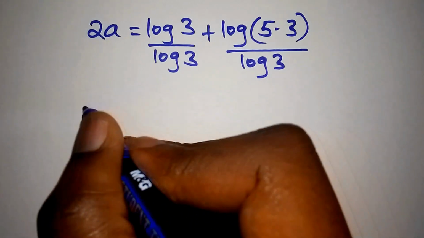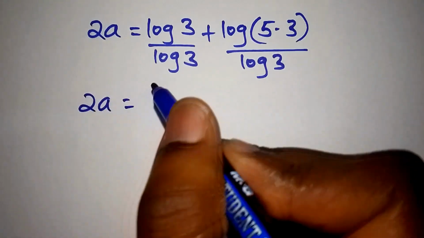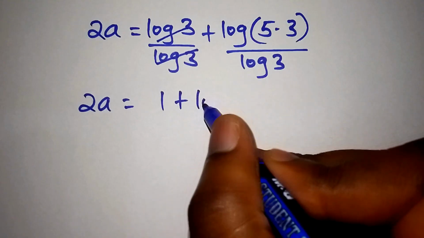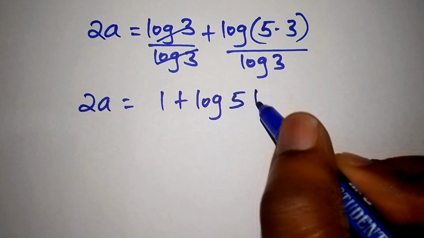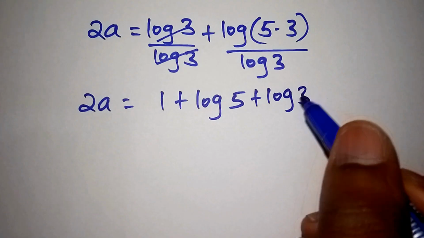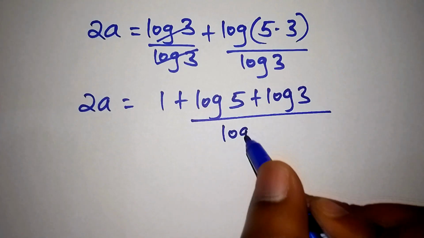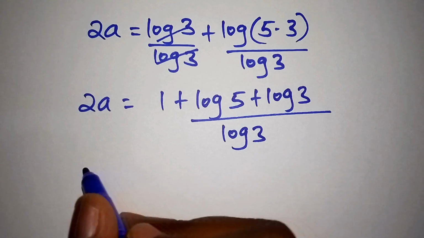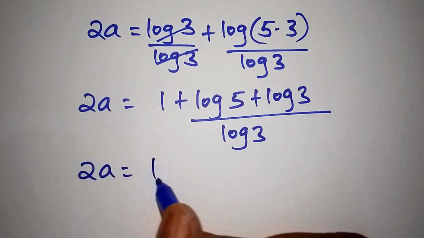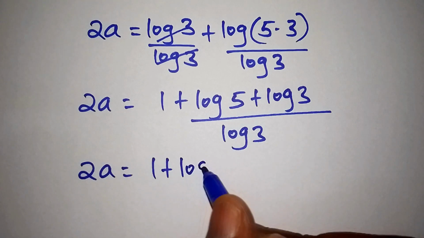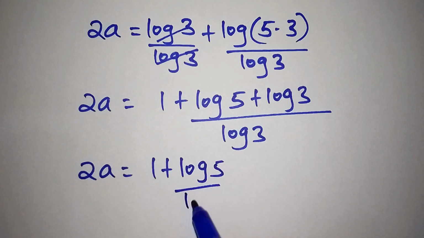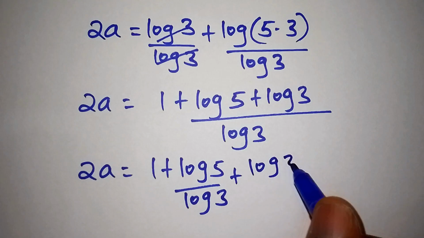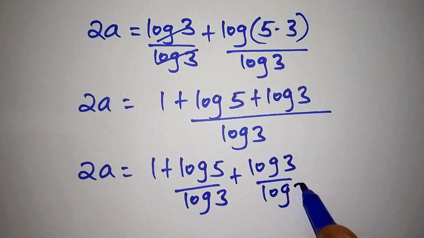So next now we shall say that 2a is equals to, so log 3 and log 3 cancels, we shall now have 1 plus, so here now we shall have log 5 plus the log of 3, then all over the log of 3. So divide also log 5 and log 3 by the log 3, so 2a is equals to 1 plus, so log 5 all over the log of 3, then plus log 3 all over the log of 3.